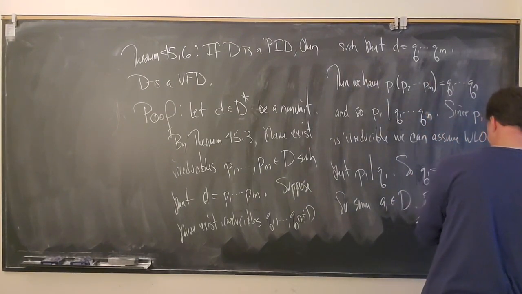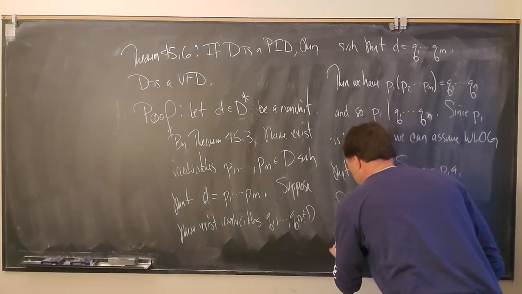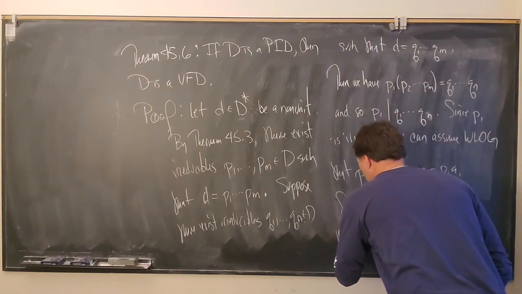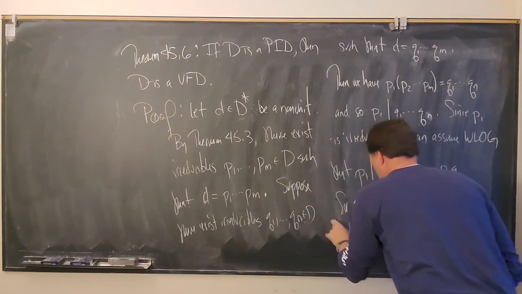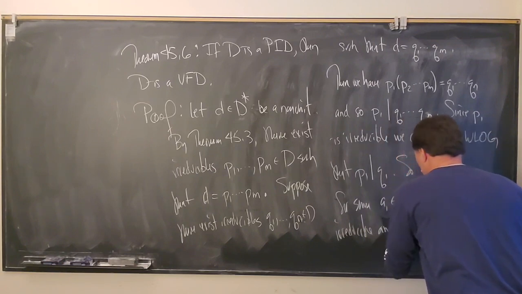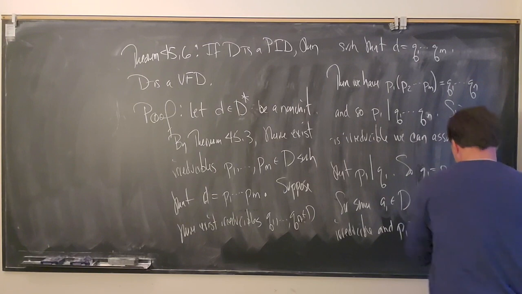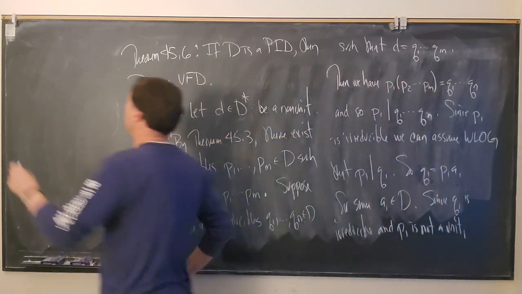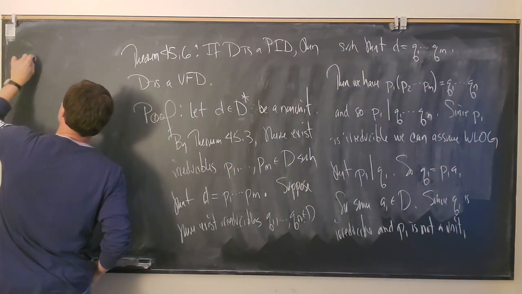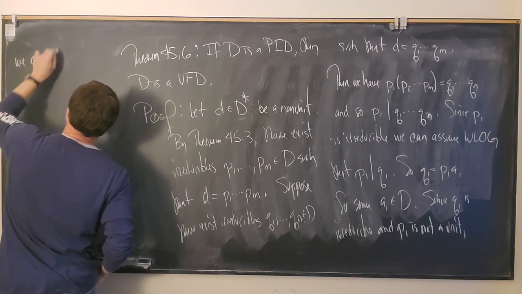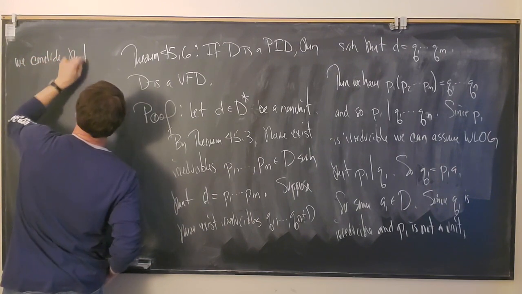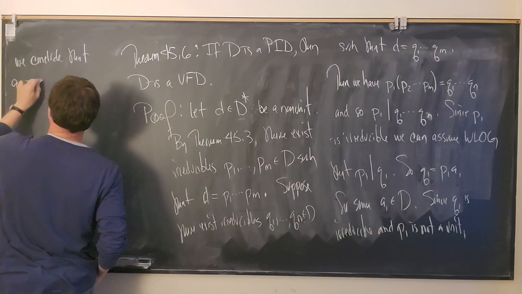So since Q1 is irreducible and P1 is not a unit, we conclude that A1 is a unit.